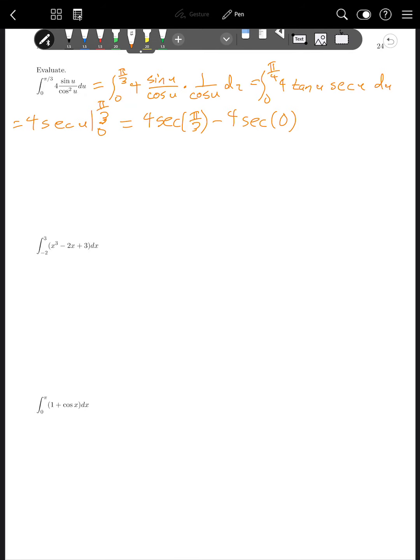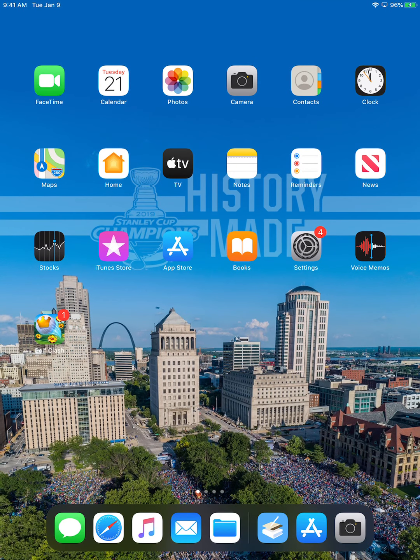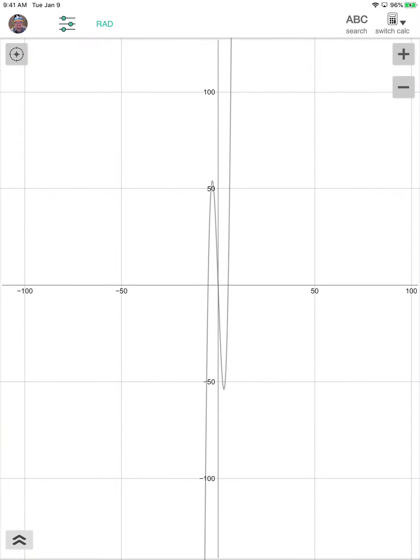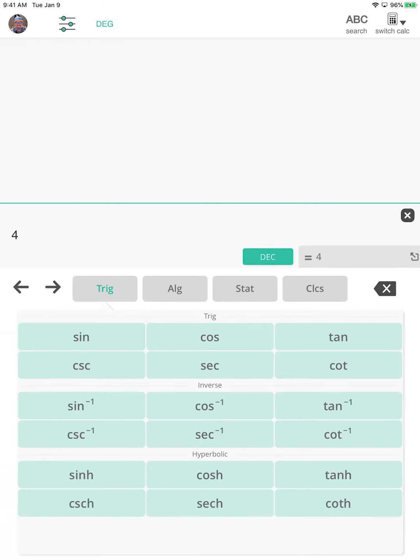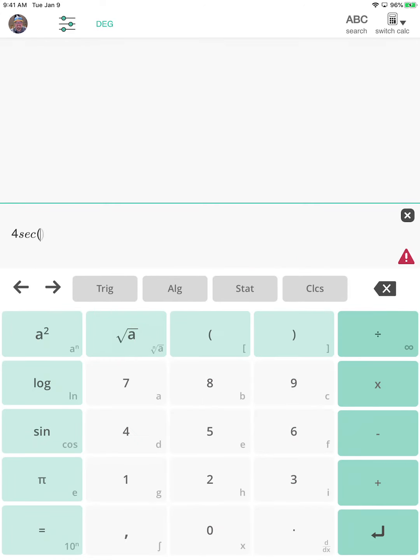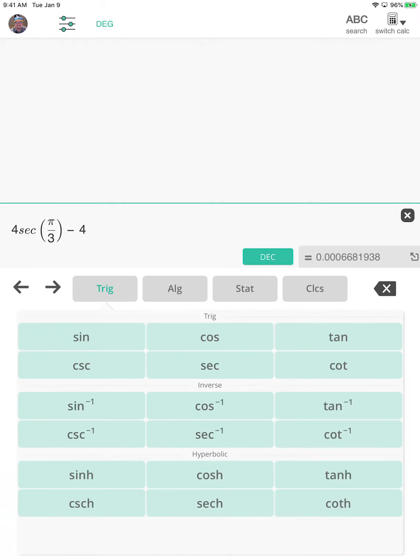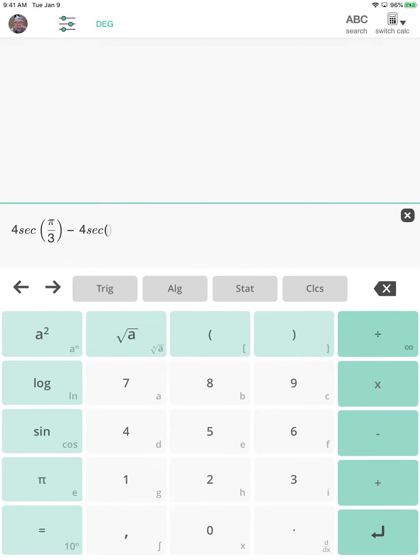Okay, so I'll go ahead and do it on the calculator here. If we open our Class Calc app and we go to the scientific calculator, we can put in 4 secant of pi divided by 3, minus 4 secant of 0.